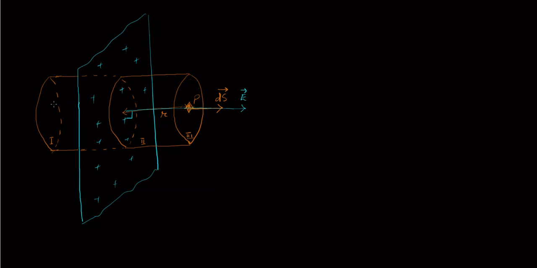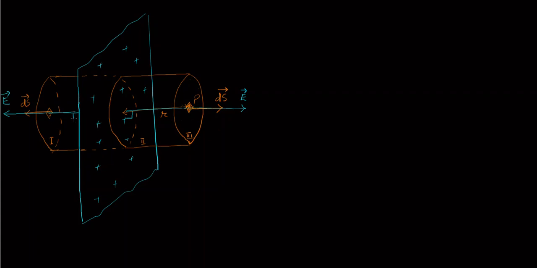Similarly, on region 1, we draw a small surface. Now this surface is directed towards the left side, so this will be ds. And again, from here the electric field is coming out in that direction. So you have the electric field E bar like this.